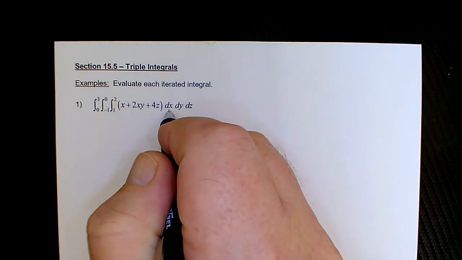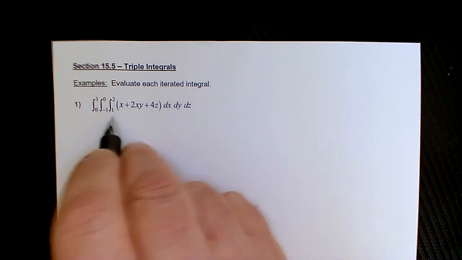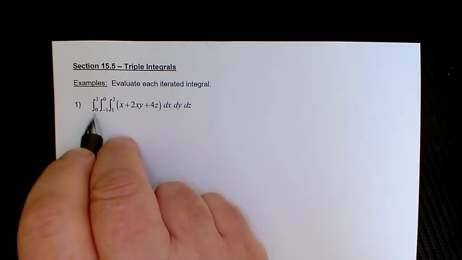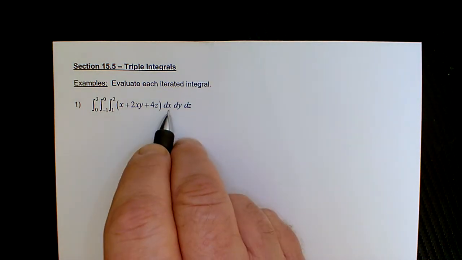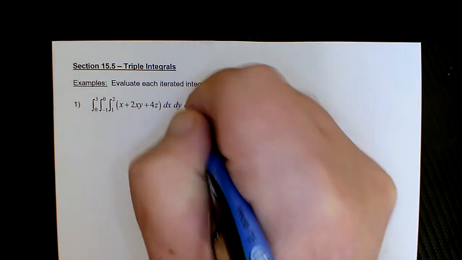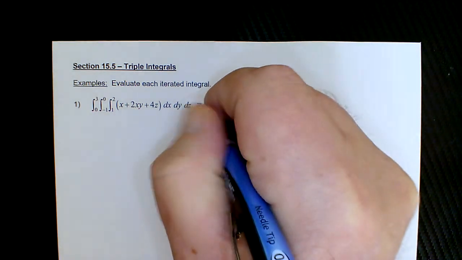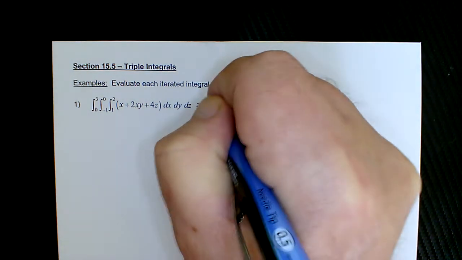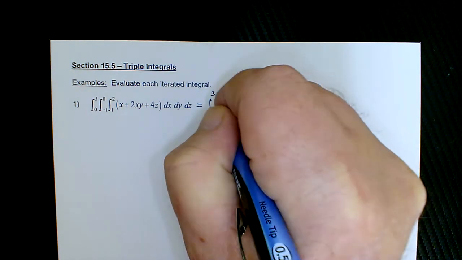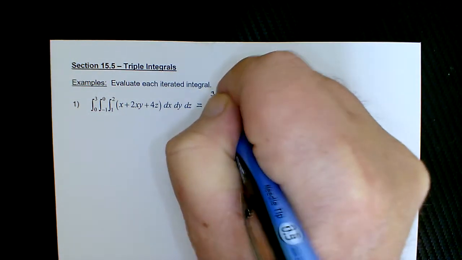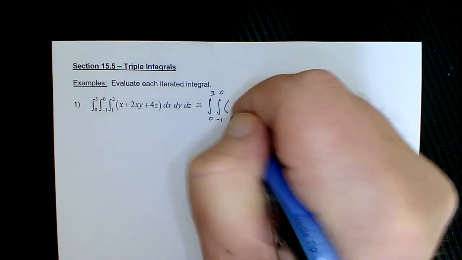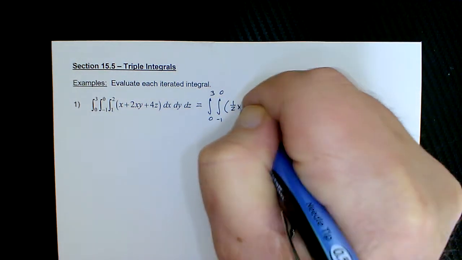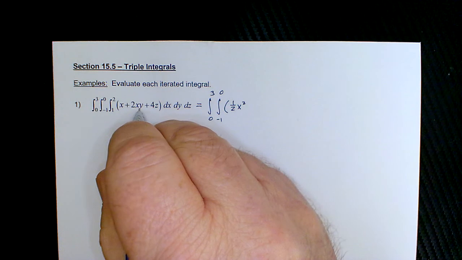So remember, we work from the inside out. With regards to this particular integral, notice all the limits of integration are constants, but the first variable we're integrating with respect to is x. So I'll just recopy the integral from 0 to 3 and the integral from -1 to 0, and then integrating with respect to x, we get 1/2 x squared over 2, however you like to think of it.